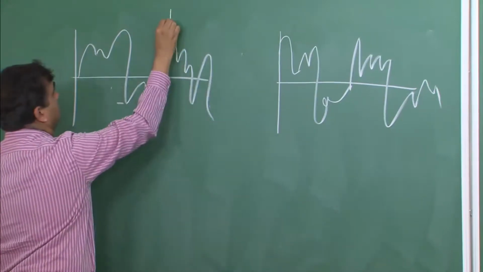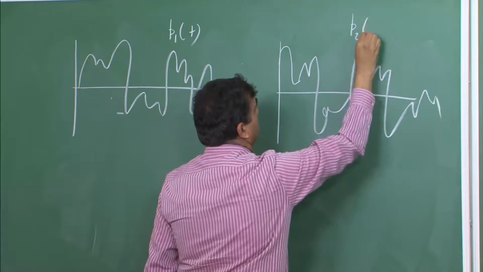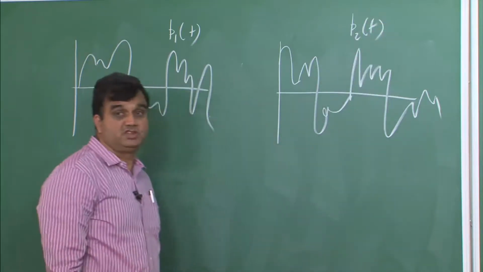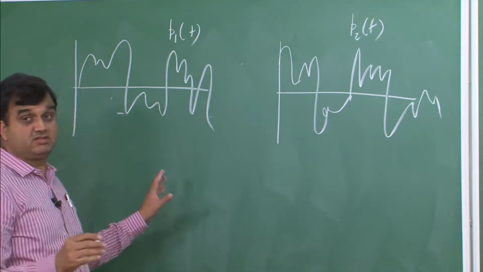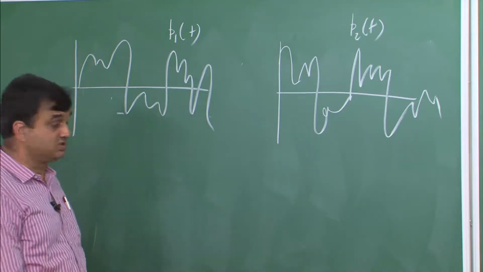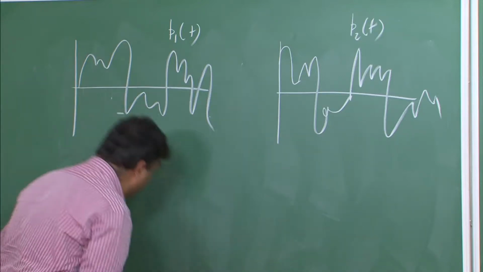So this is signal 1, this is signal 2, and both of these are not correlated. In this case, if we have to combine the effects of these two signals, what we do is we add up energies.